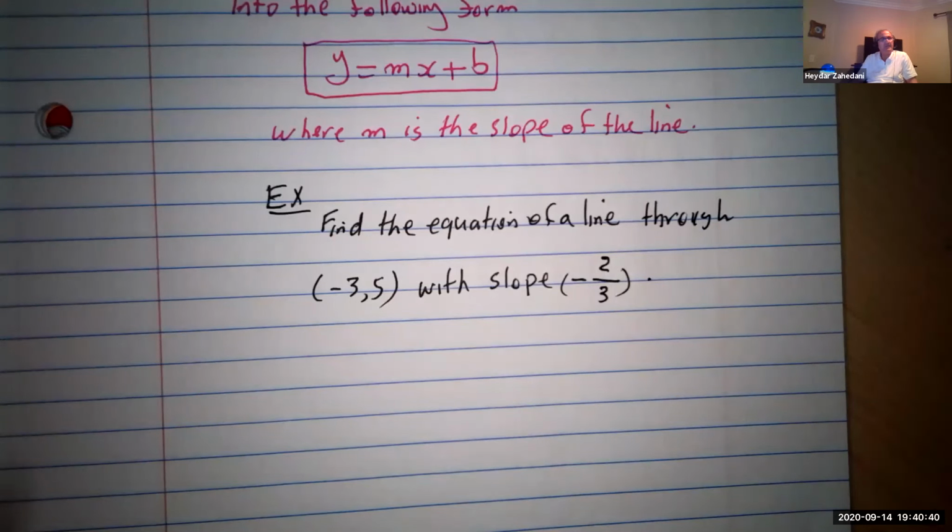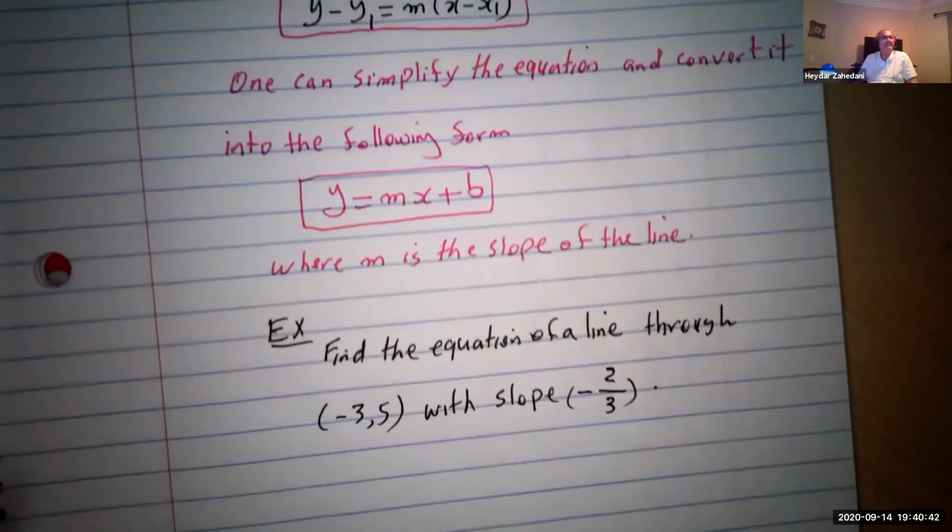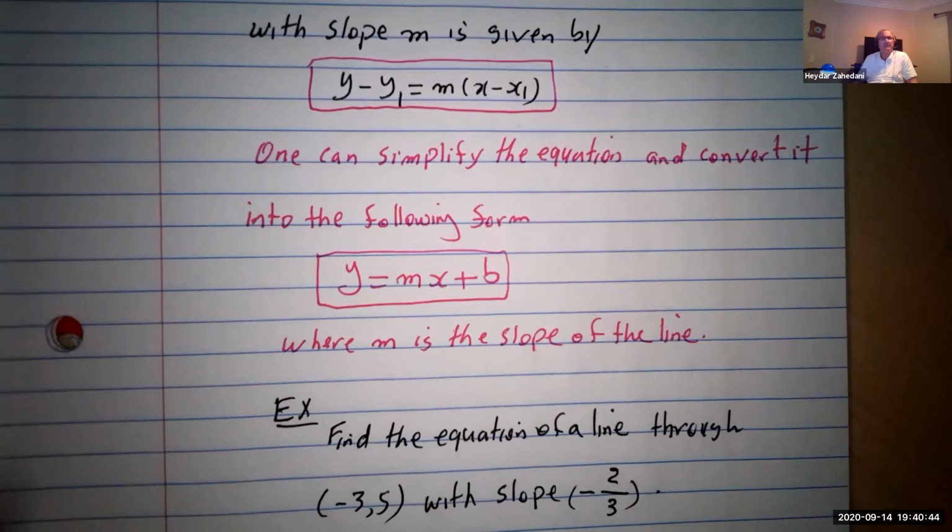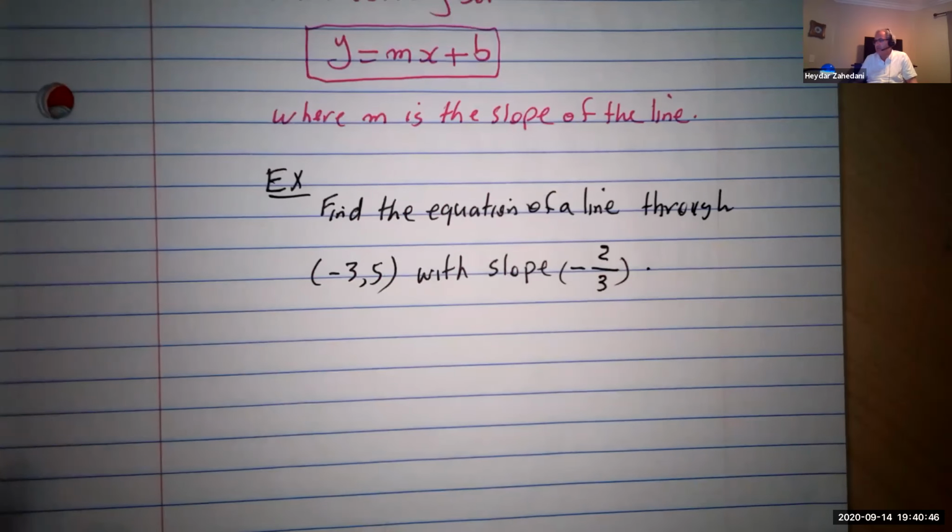You have a point and the slope, and this is your formula. You just substitute. Label your information first.